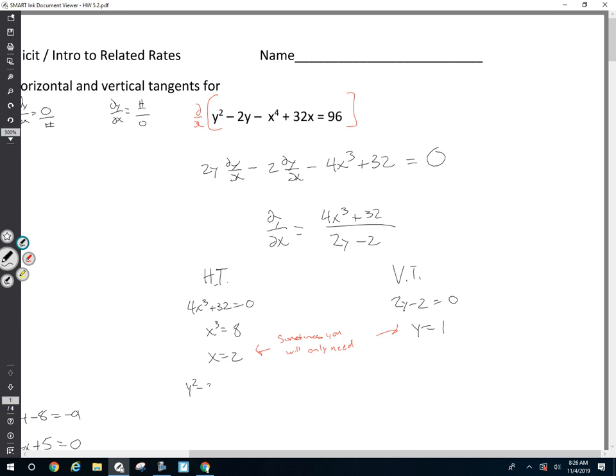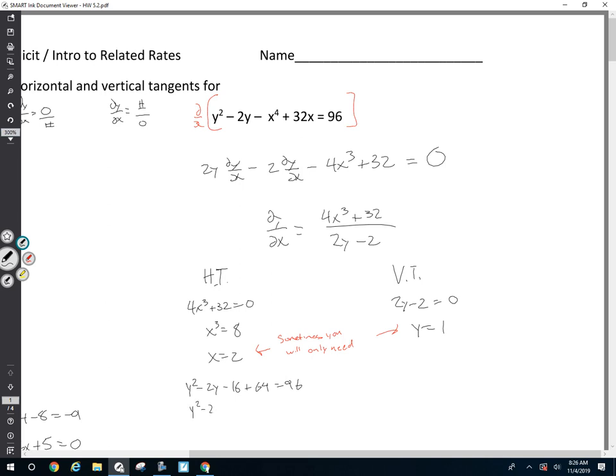This is y squared minus 2y minus 16 plus 64 equals 96. Let's see, minus 16 plus 64 minus 96 is a negative 48.